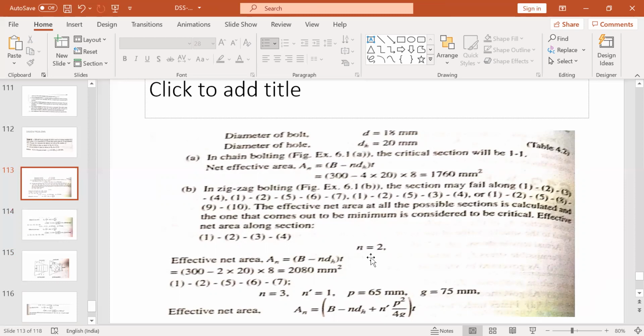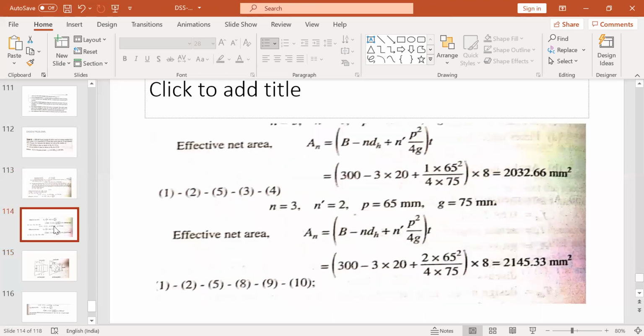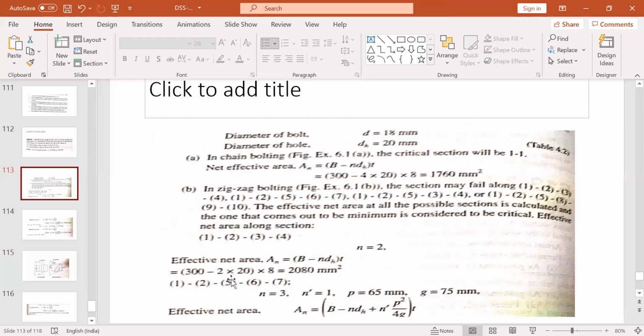And n dash is 0, because in the first case there is no staggering. If you see in this figure, bolt number 2 and bolt number 3 are in one line, so there is no staggering. It will be like chain bolting only. So (b minus n d_h) into t, with n equal to 2 and 8 into 8. This is 2080 mm².